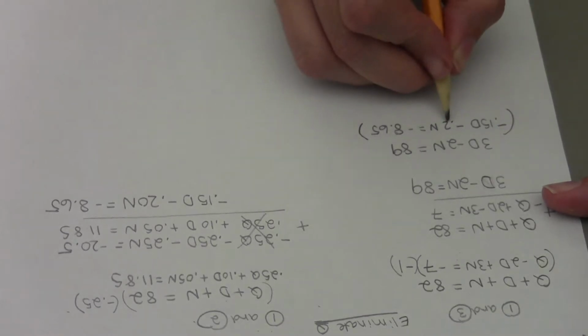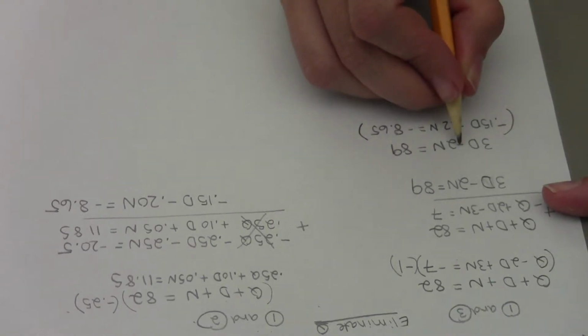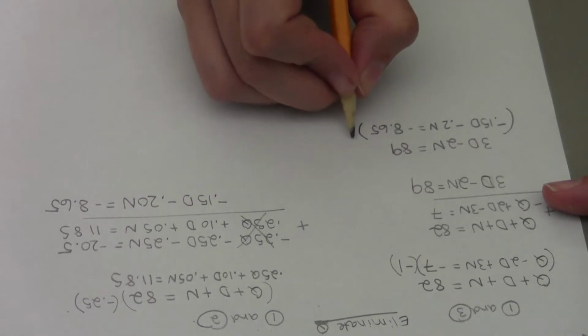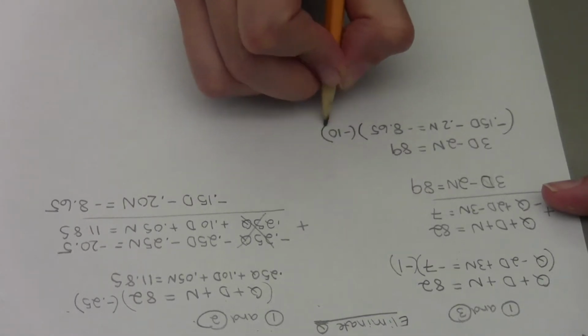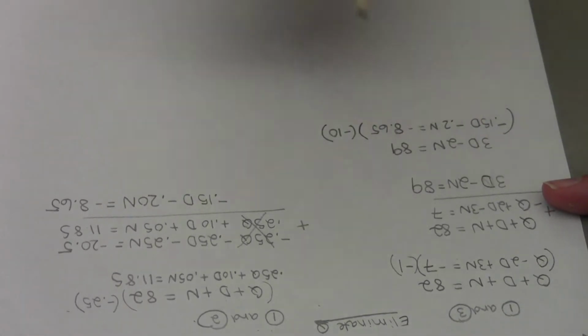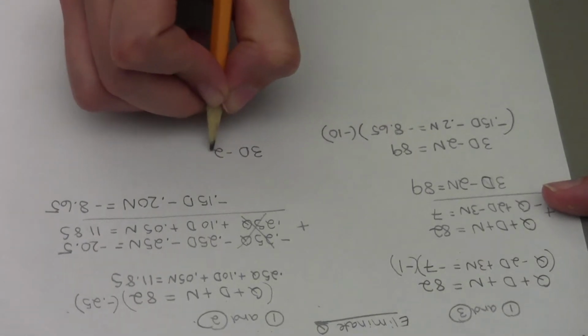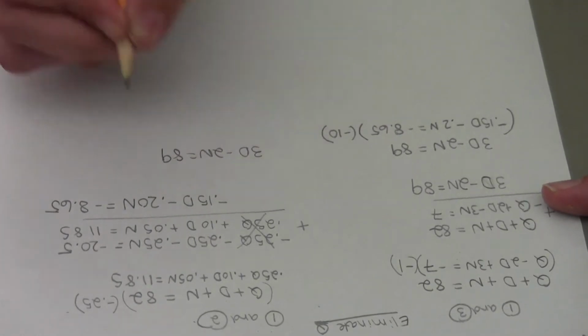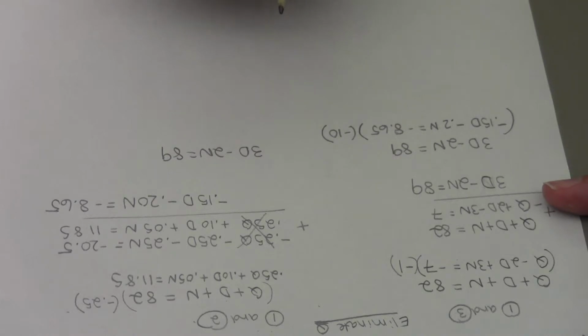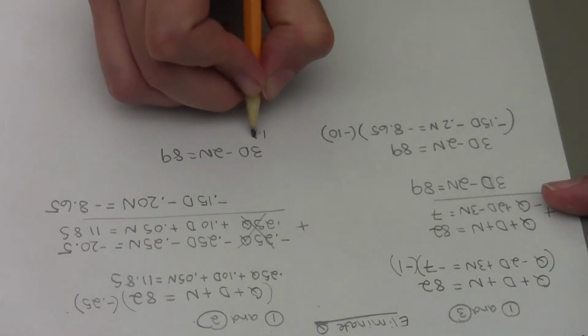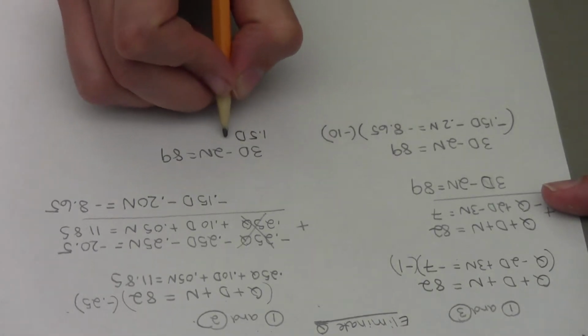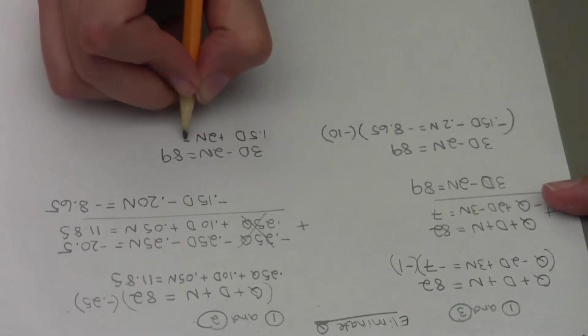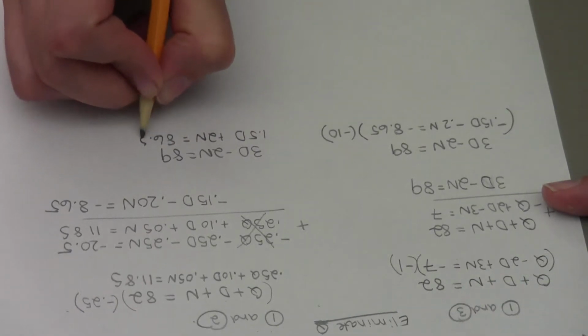I want to turn 0.2 into 2. So I'm going to multiply this bottom equation by negative 10. Top equation we're going to keep the same, 3D minus 2N for 89. Bottom equation, distributing that negative 10, is going to turn into 1.5D, positive 2N, 86.5.